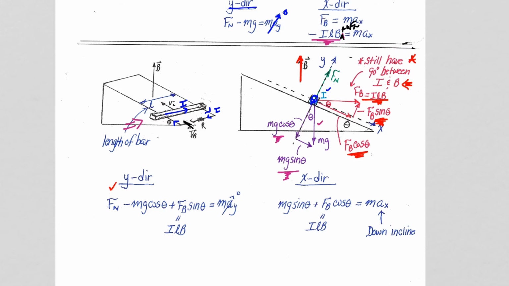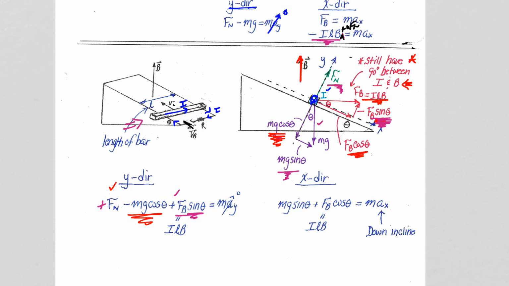We have mg cosine theta here, but we also have the F_B sine theta over here, pointing up. So that's pointing in the same direction as the force normal. Force normal is up, and mg cosine theta is down, and we're still assuming that it's not sinking into the rails, so there's no acceleration in my rotated coordinate system y direction.